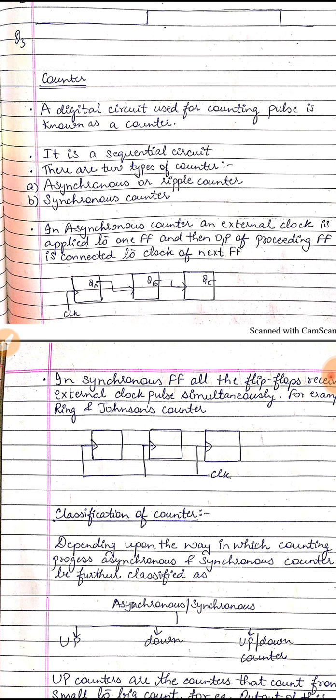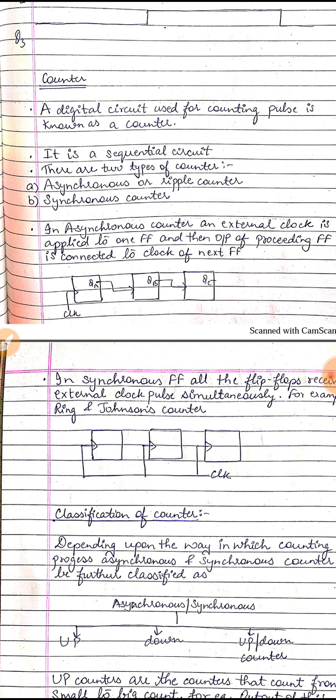In our course, we have two types of counters, that is asynchronous counters and synchronous counters. Asynchronous counters are also called ripple counters, that we will see in the lecture.